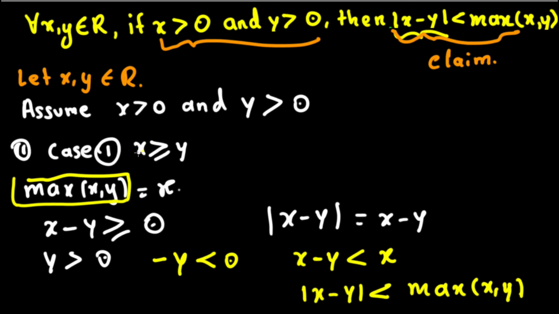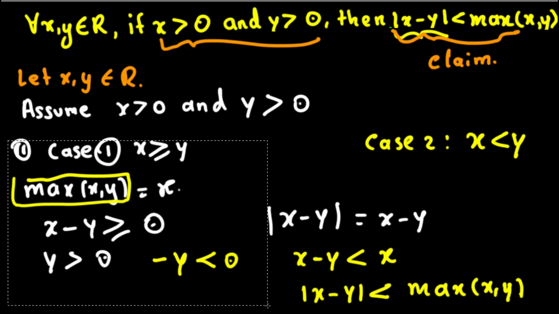Now the second case is going to be the opposite. In case 2, we have x is less than y, the negation of the first case. Let's get rid of this because we need some space.